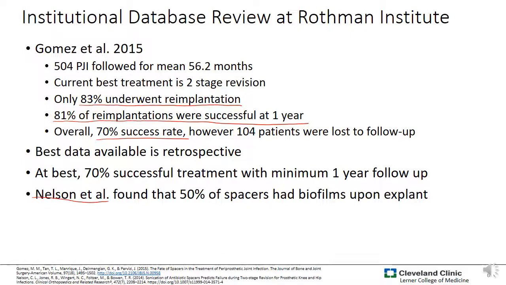They sonicated them to remove any biofilm or bacteria that might be on those spacers at the time, and found that about 50% of them still had biofilm on them upon removal. So even though we're placing antibiotics in the cement and using that to treat the infection, we do have biofilms that are growing on the antibiotic-eluting spacers themselves.